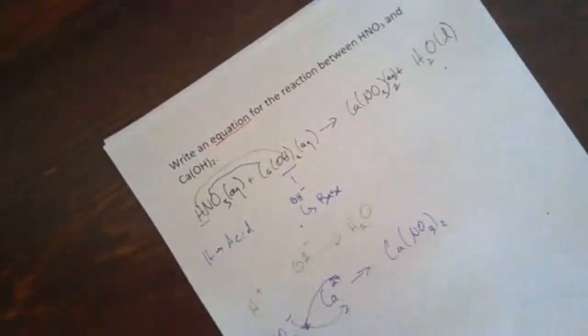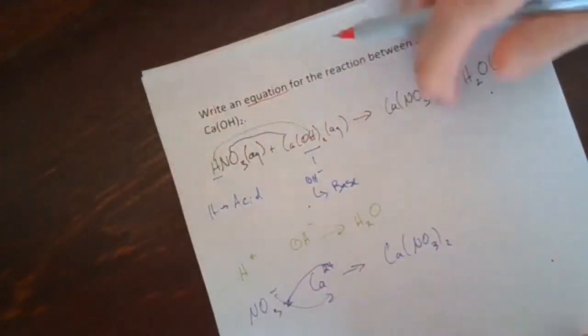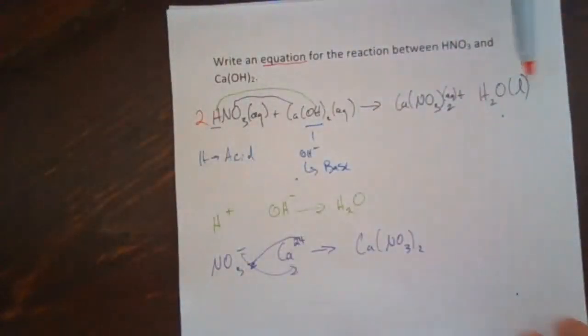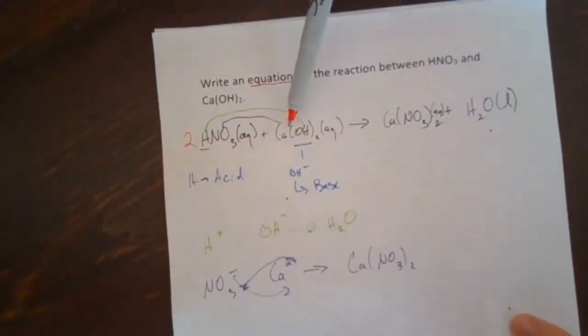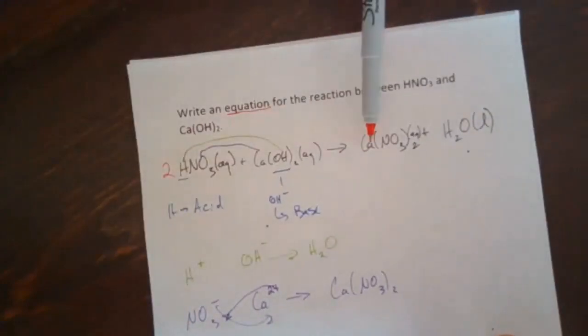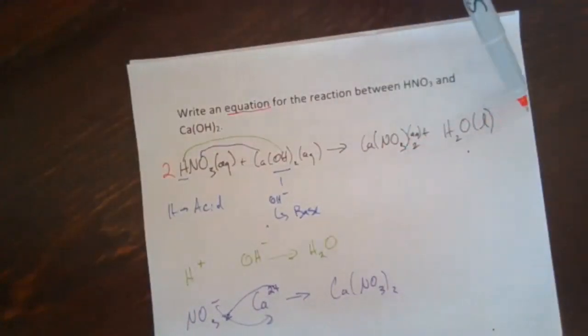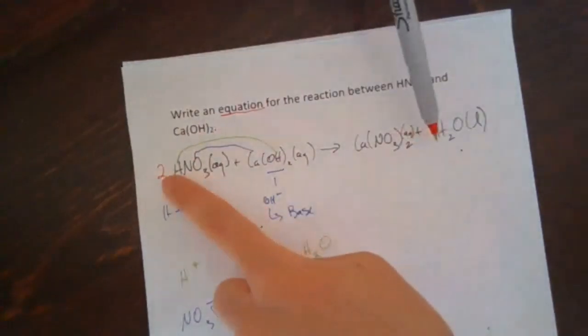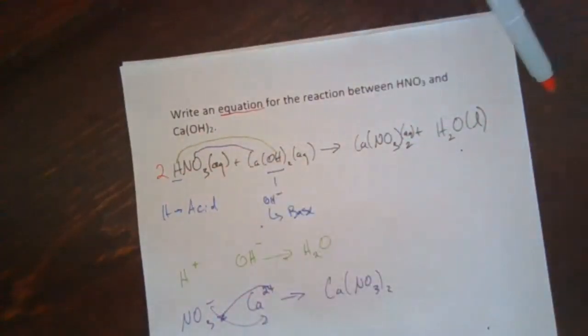So I need two HNO3s. If I look at my calciums, they're balanced. The H and the O I do want to save for the end, just because of how complicated it is. So I balanced the nitrogen first, that helps me. The calciums are already good.